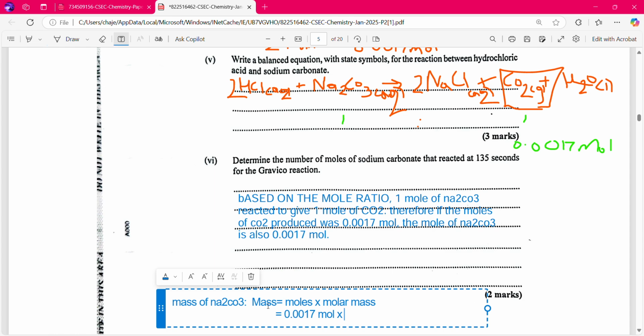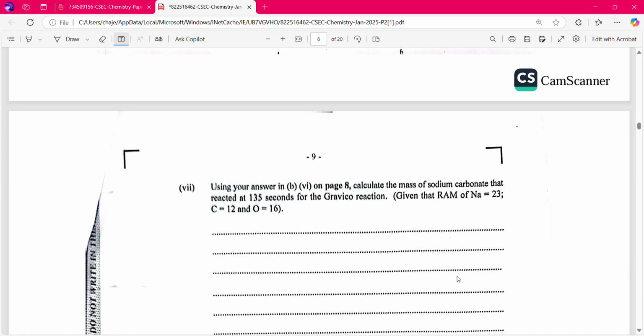Sometimes they ask you to solve for it, or they give you the overall molar mass, but I gave you the question, so I want you to solve for it. Practice makes perfect. Let me scroll. Oh, look at that. See what I said? Notice what I said earlier? They gave you the values, but you have to calculate it on your own.